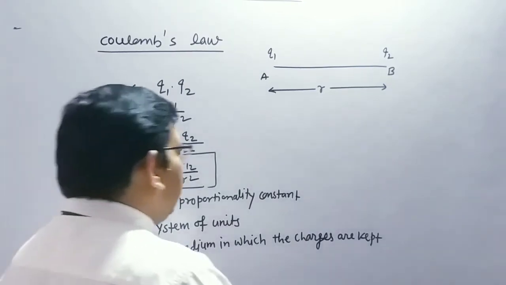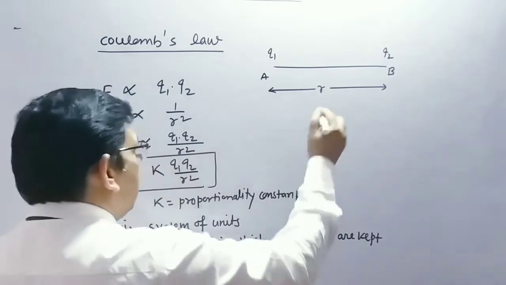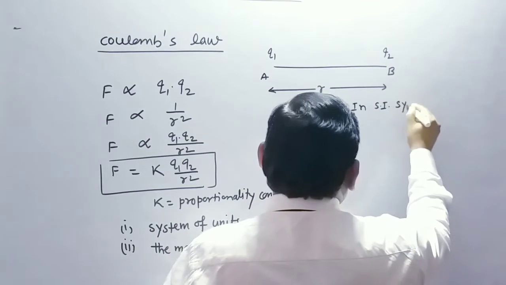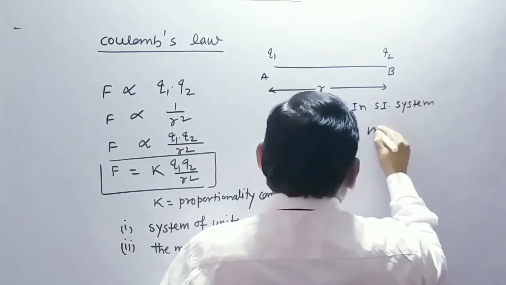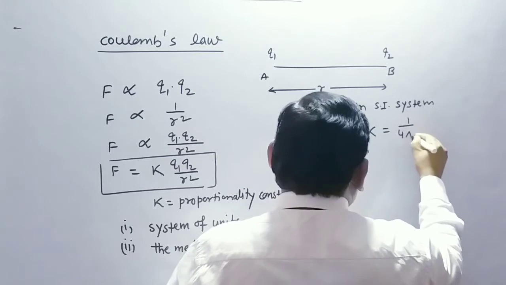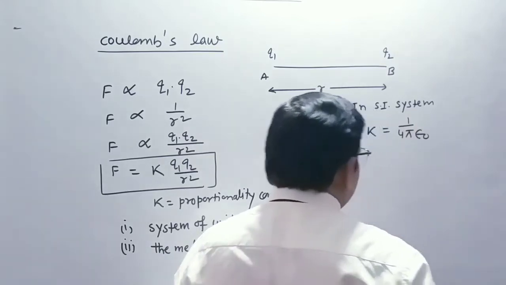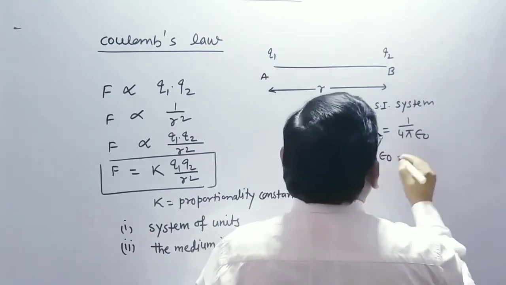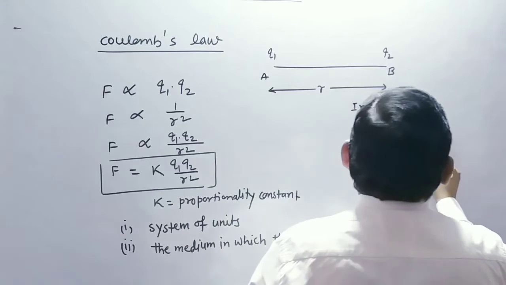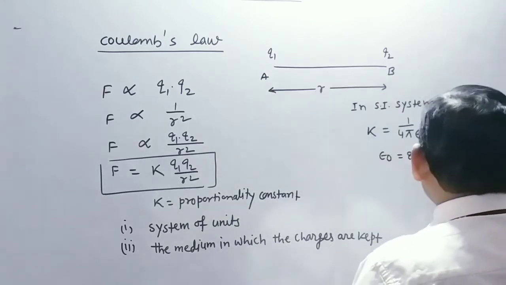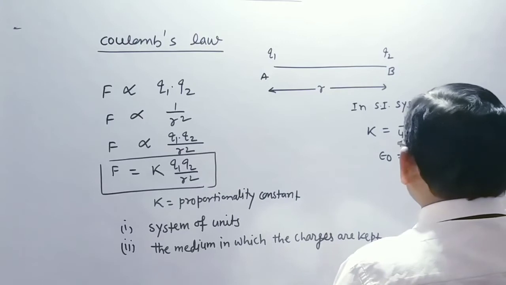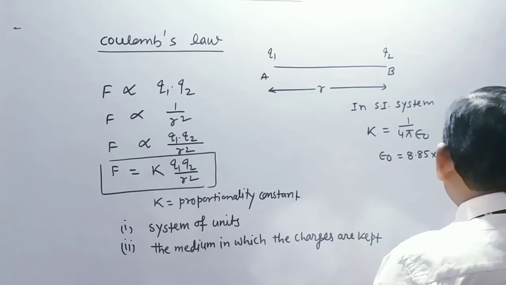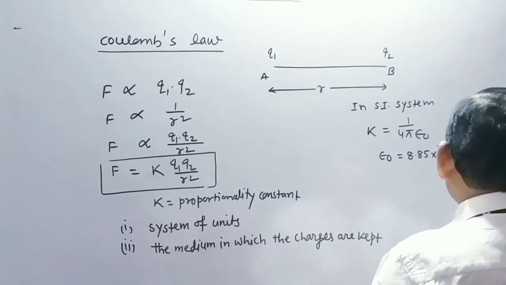Now the value of K in the SI system is 1 by 4 pi epsilon. This is a new symbol for you called epsilon, where the value of epsilon naught is 8.85 into 10 to the power minus 12 Coulomb square per Newton per meter square.